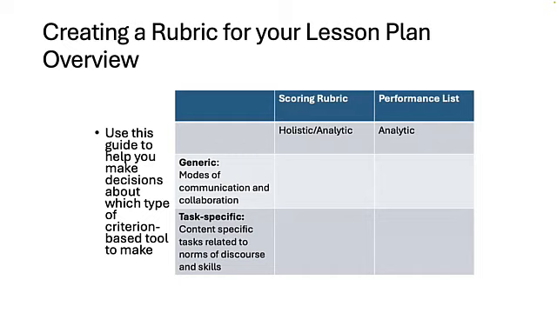Is this for a summative assessment? That would be holistic. If this is formative, it can be analytic, right? If this is task specific, content specific tasks related to norms of discourse and skill, you want to do analytic, and then maybe a performance list for the students.